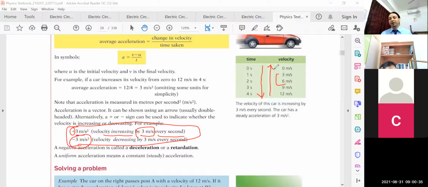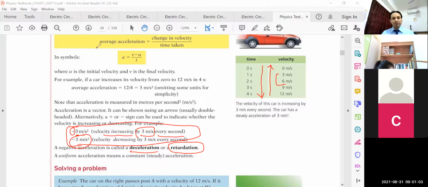If you apply a brake, or maybe if you stop the engine of a car, then after some time it stops. So acceleration can be negative, acceleration can be positive. Negative acceleration is called retardation. You will also find this word in this chapter many times, retardation. And deceleration, children, de-acceleration, whatever you say, retardation.